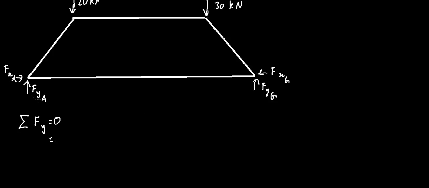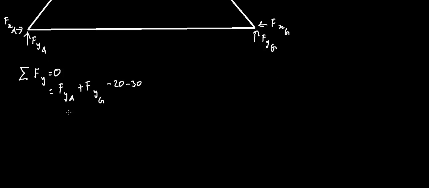Since upward is positive, we have Fya plus Fyg minus 20 minus 30 is equal to 0. So 50 kilonewtons is equal to Fya plus Fyg.